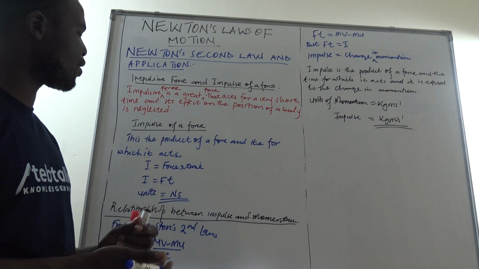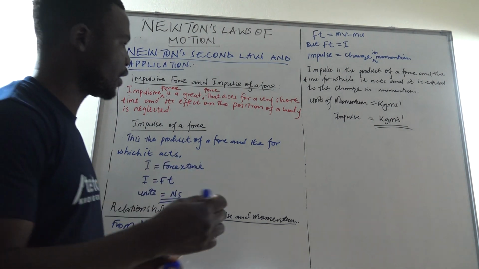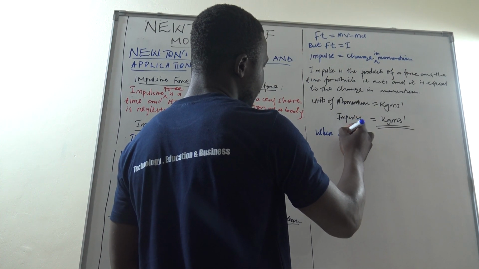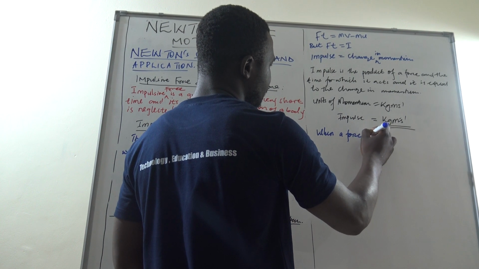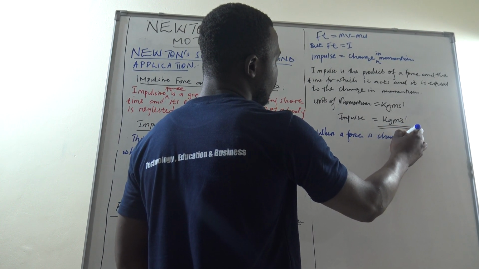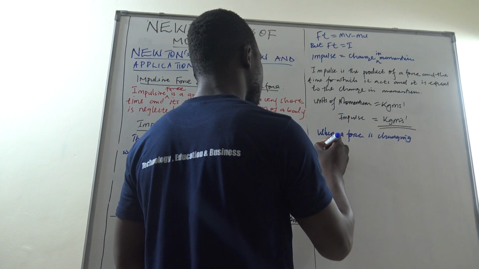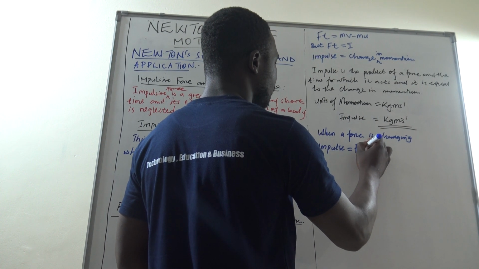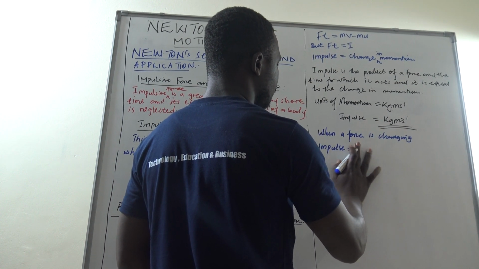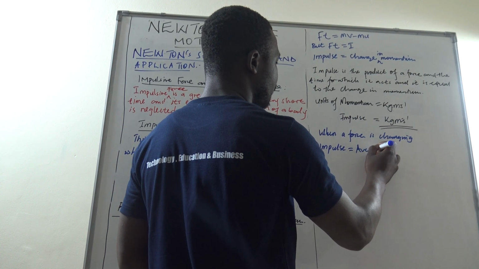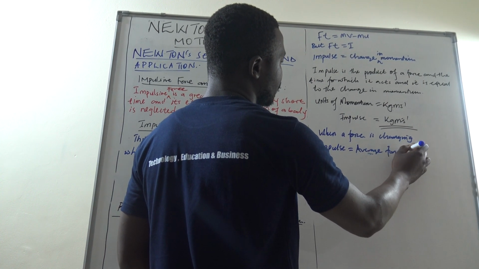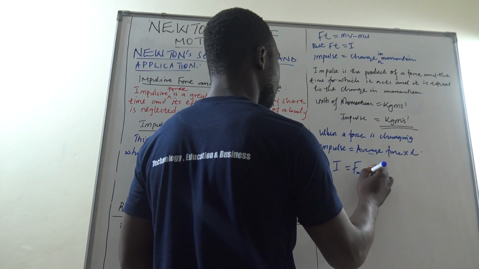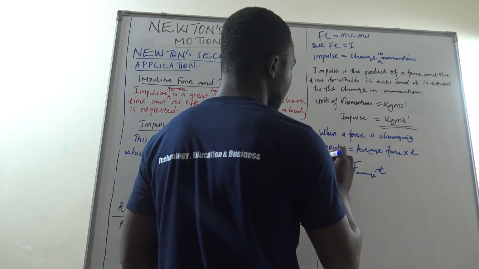If we have a scenario where the force is changing, then impulse can be calculated from the expression average force times time, i.e. I is equal to F average times time.